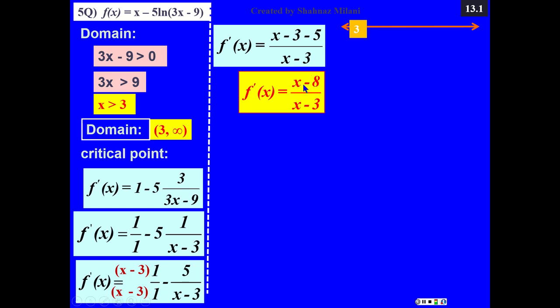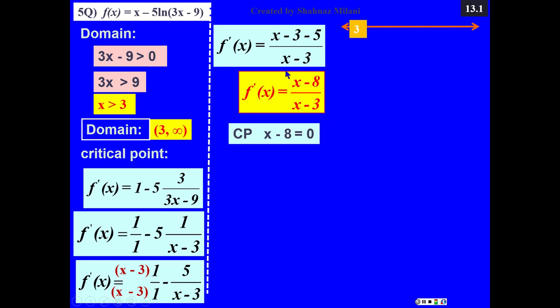If my derivative is a fraction, you can set the whole fraction equal to 0 and solve for x for the critical point, or you can just set the numerator equal to 0 and solve for x. However, it is easier for you to do it that way.